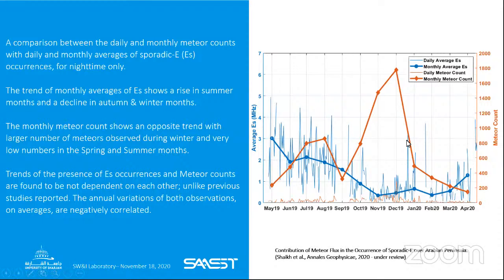The red curve is the monthly meteor counts, and the blue curve is the average monthly ES. But surprisingly, these two results come out as opposite. It means that when we have more meteors burning in the atmosphere, we have less intensity of ES present.